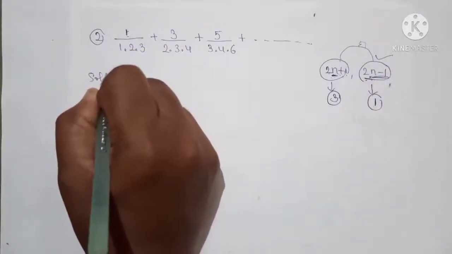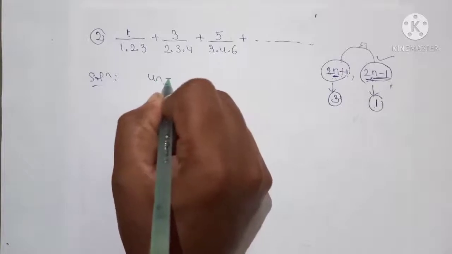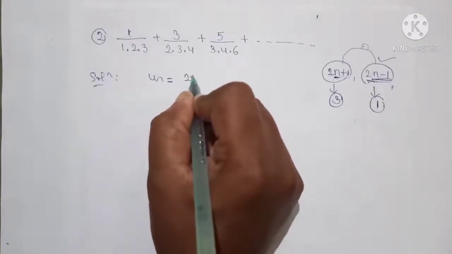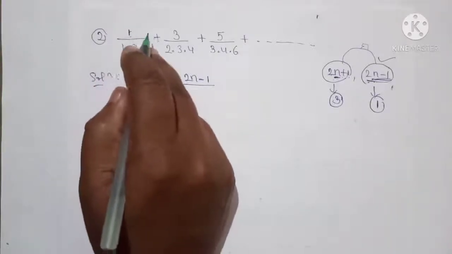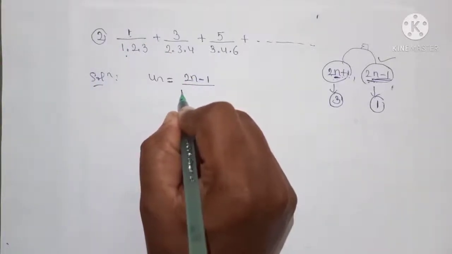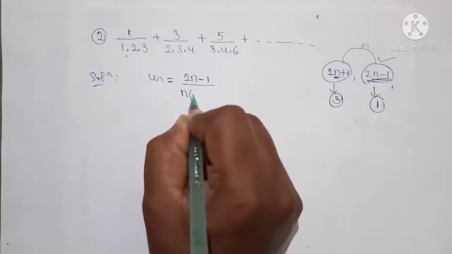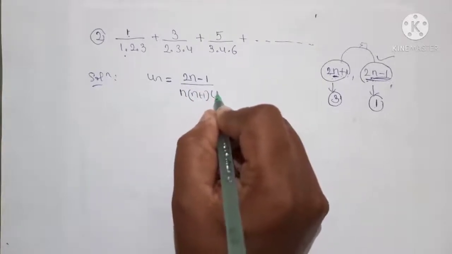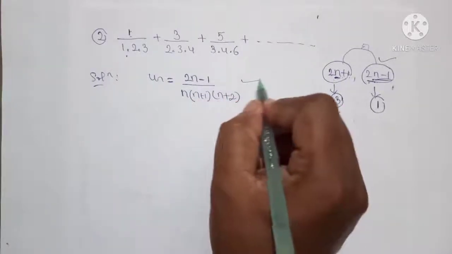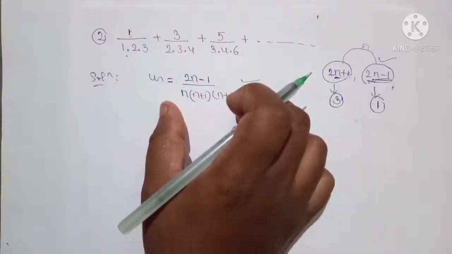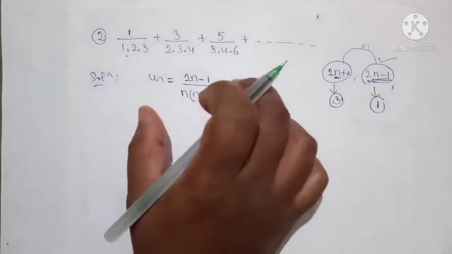Therefore un is equal to, we can write it as, 2n minus 1. The denominators are all counting numbers, 1, 2, 3, therefore we use n, n plus 1, into n plus 2. If you substitute any value of n, then you will get that term.